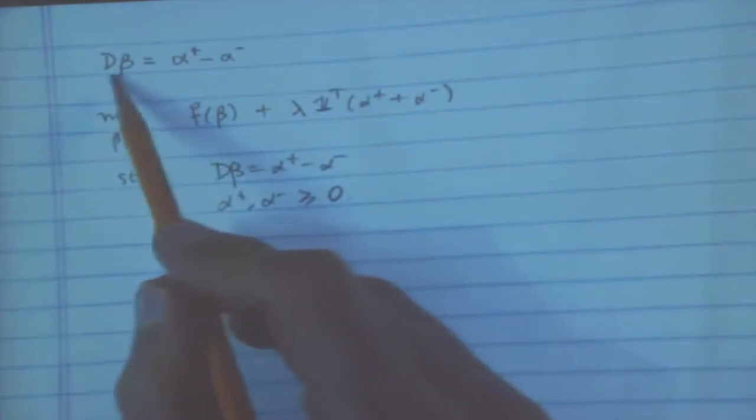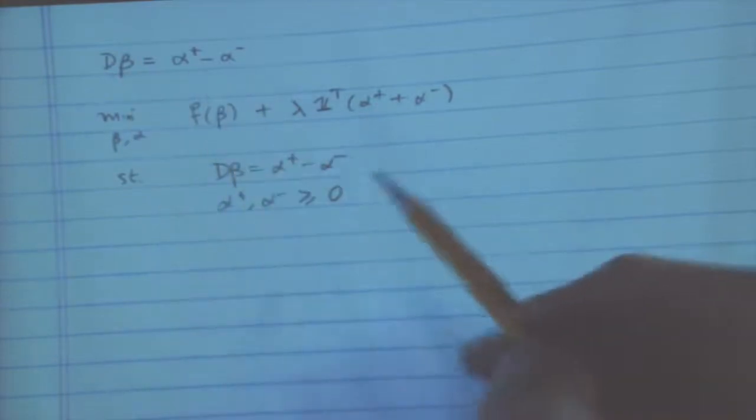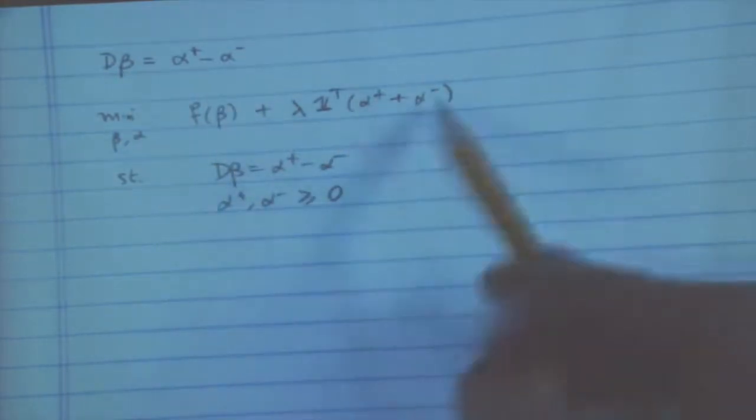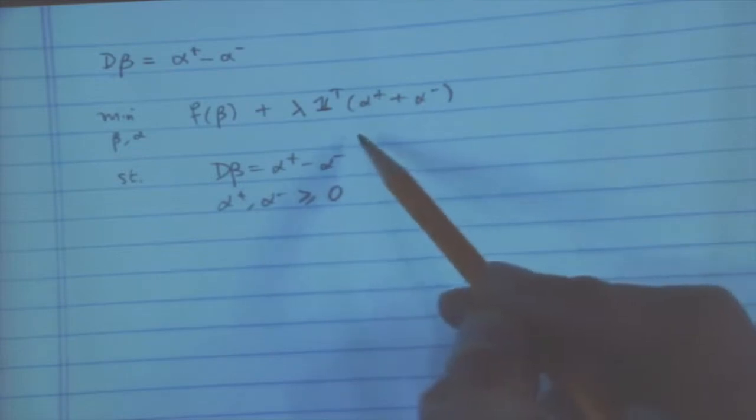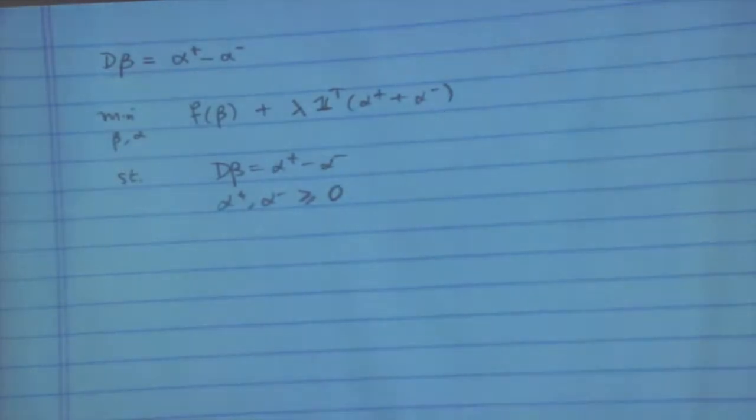So all I've done is I've really decomposed d beta into its positive and negative parts. So I've been able to write the L1 norm of d beta as just the sum of the components of alpha plus and alpha minus.